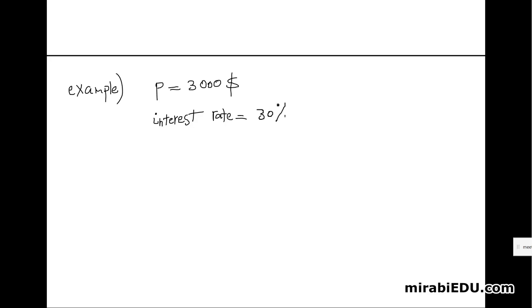Okay. Now let me ask you another question for the sake of practice, and then we can work with more difficult problems of compound interest. Now we put $3,000 in the bank account. Consider the annual interest rate to be 30%.